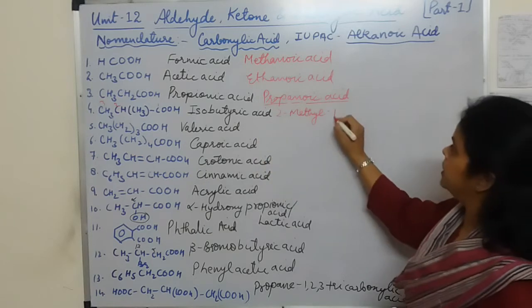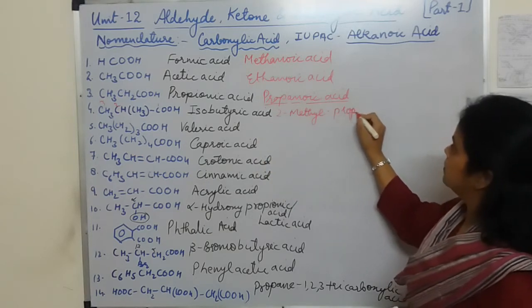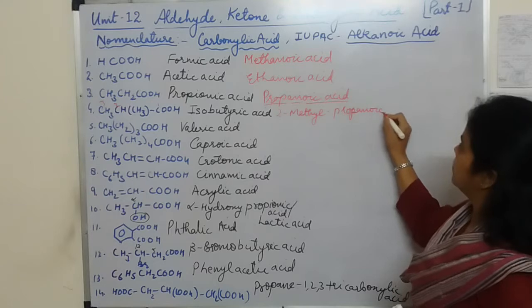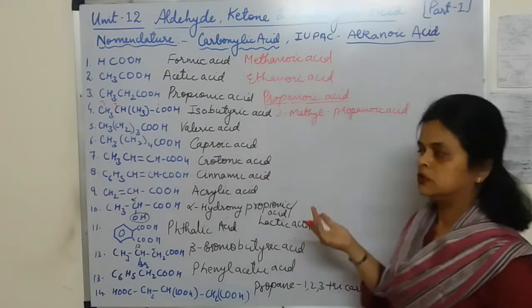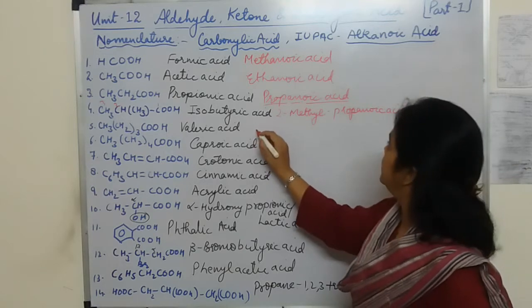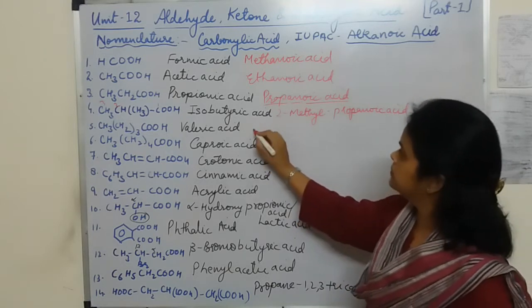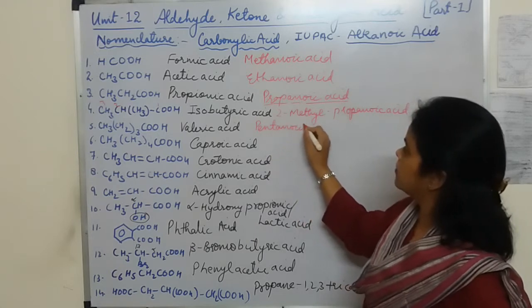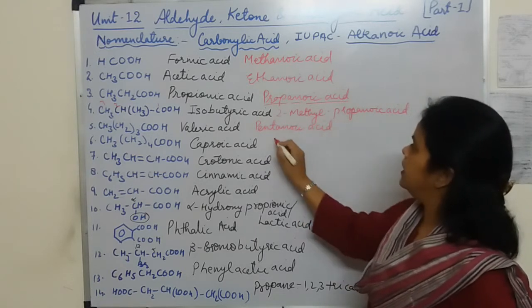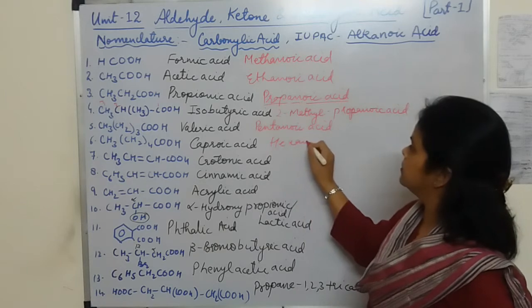So, it will be propanoic acid. Now, 5 carbon, so obviously it will be pentanoic acid. Hexanoic acid.